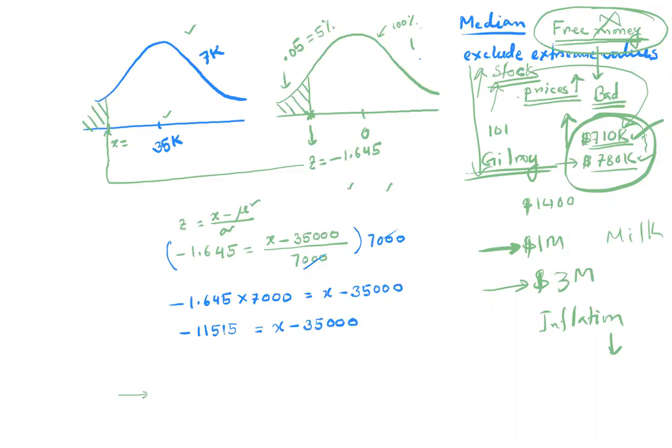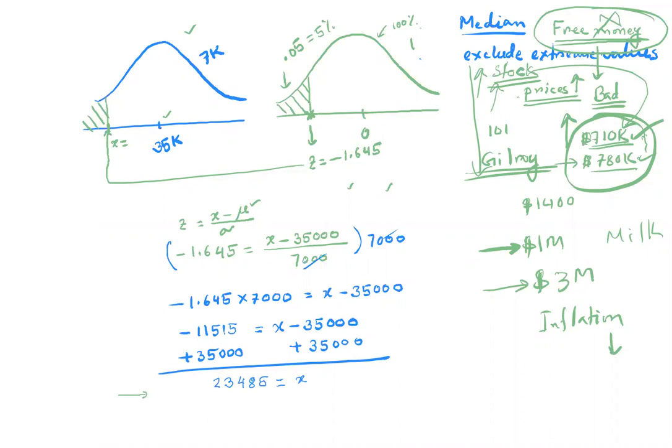Now you add 35,000 to both sides. If you add 35,000, it is 23,485. 23,485 is equal to x. All right, so that's what it is.